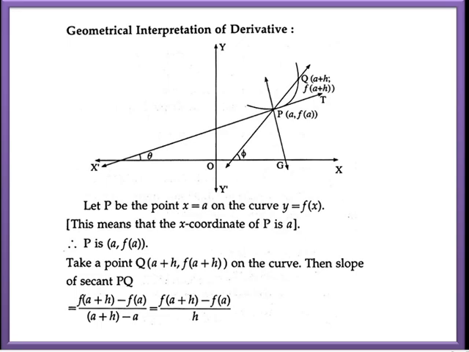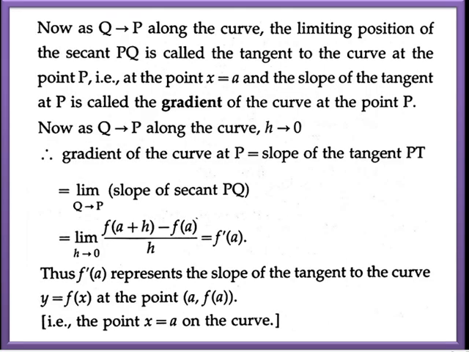Then what will be the slope of secant PQ? Slope is nothing but difference in y coordinates upon difference in x coordinates, that is, f of a plus h minus f(a) upon a plus h minus a, that is nothing but h.